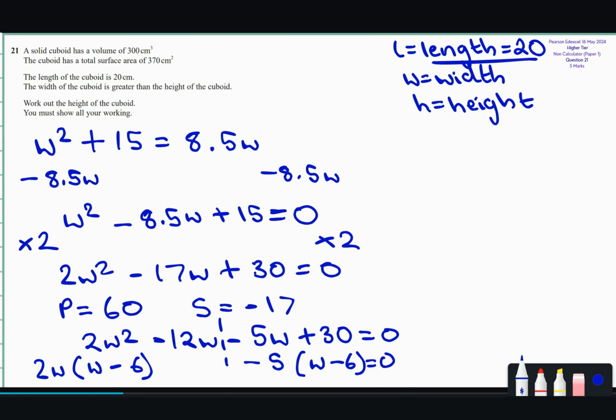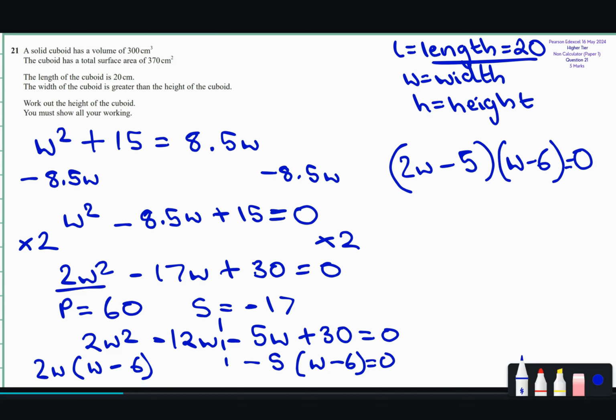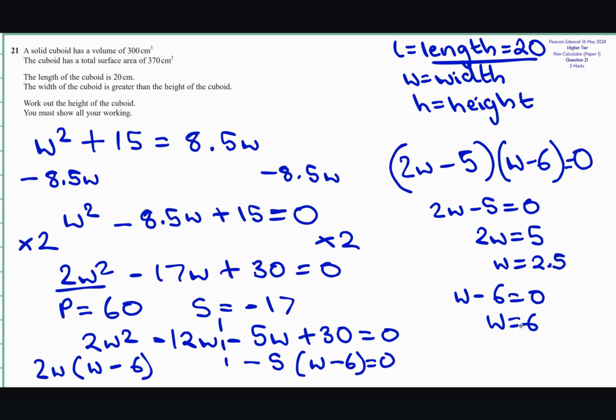And all of this means that 2W minus 5 times W minus 6 is equal to 0. So if 2W minus 5 equals 0, then 2W equals 5, and that means W equals 2.5, because you divide by 2 on both sides, and here you add 5 on both sides. If W minus 6 equals 0, that means W is equal to 6.